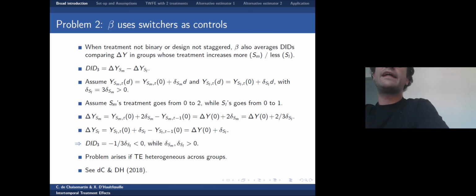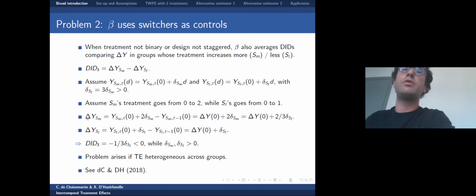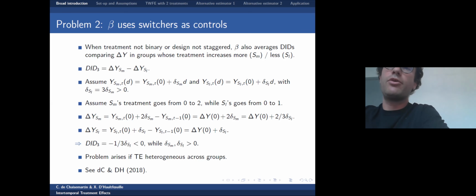Now I'm going to assume that the switching more group go from 0 to 2 units of treatment, while the switching less go from 0 to 1 unit of treatment. And then the outcome evolution of the switching more group, well, in period t-1, they're untreated, so that's just their potential outcome without the treatment.